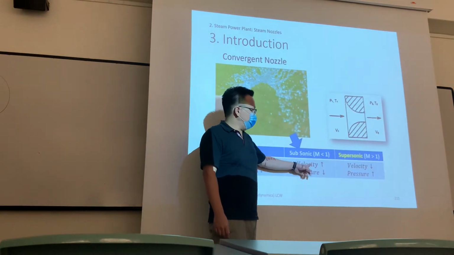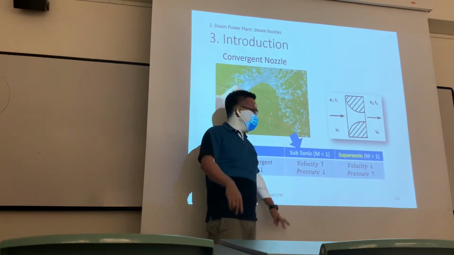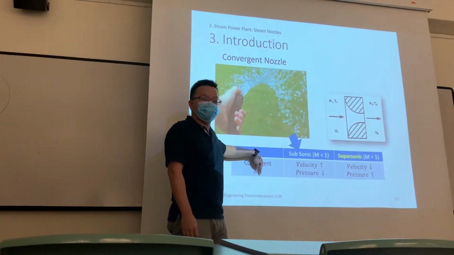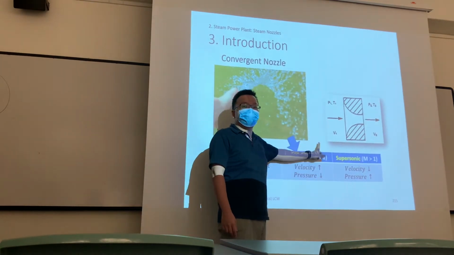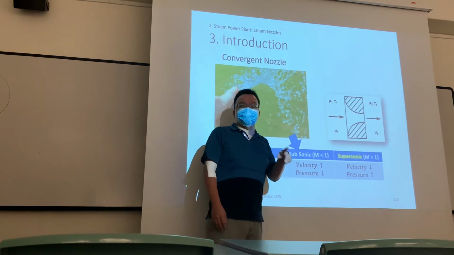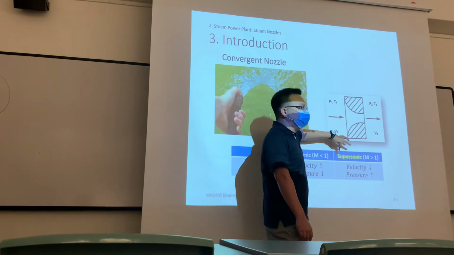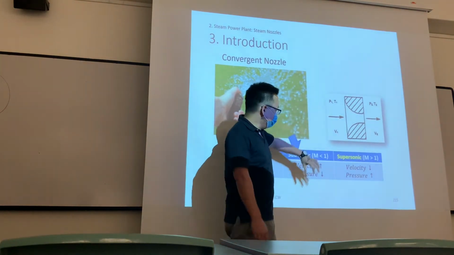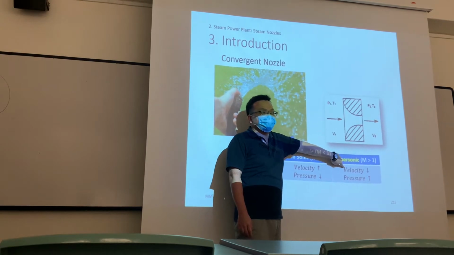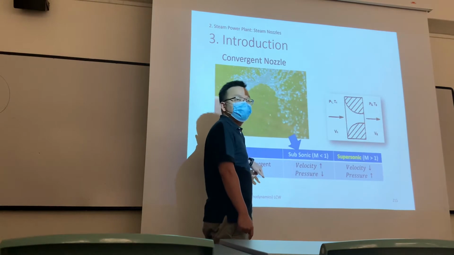When it's subsonic, means below the speed of sound, you can see that when the area goes down, the velocity will go up, and the pressure will always be opposite of the velocity. Now, if you are supersonic, notice what happens to the velocity. It will actually drop.